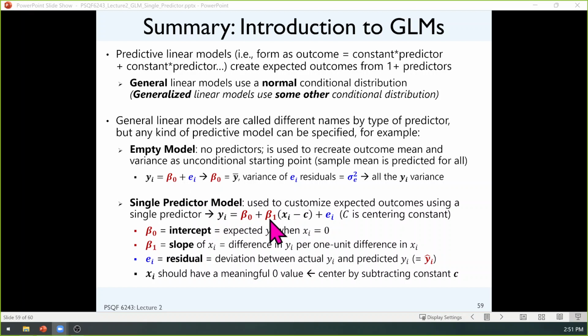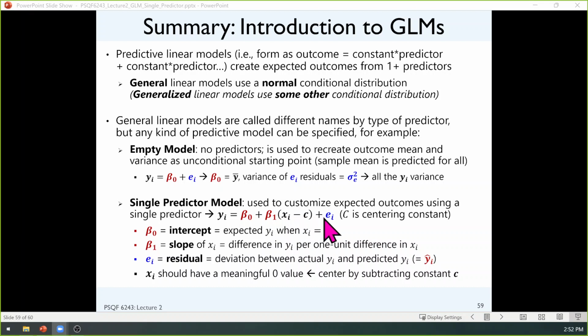So then we added a slope, beta 1 times x minus c, where c is my centering constant. I do that so that x has a meaningful 0 point, because that's where my intercept is going to become. So the intercept is the expected outcome when x is 0 now. And beta 1 is my slope that describes how the predicted outcome is going to change per unit change in x.